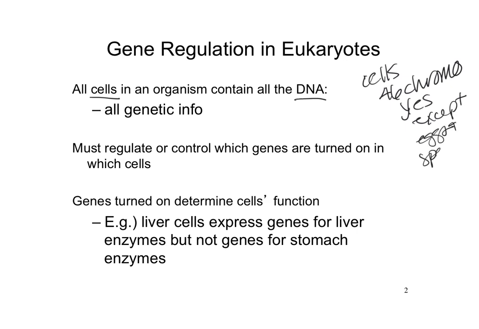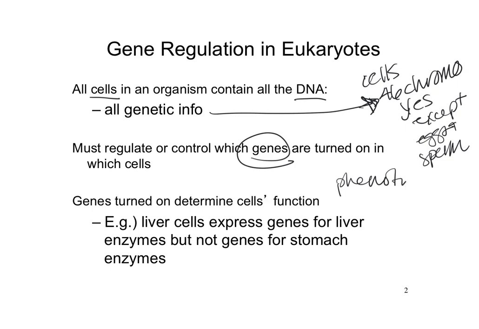We're going to ignore those. Somatic cells all have all 46 chromosomes, which means they have all the genetic information, whether you're a brain cell or a skin cell. You have all the DNA. You have all the genes. The difference in what makes a cell, their phenotype, is what genes are turned on and which genes are turned off. Gene regulation.